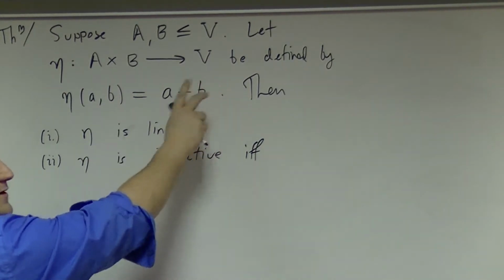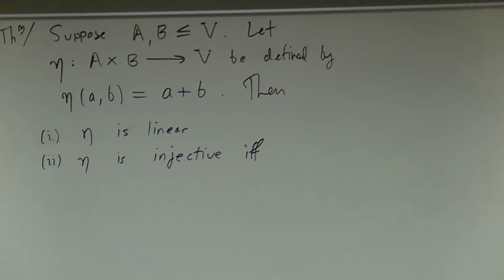How can you have 0 from adding a and b together? If a and b are both 0, or if they're additive opposites. So in other words, you're saying if a is in A, then minus a is in B, right?